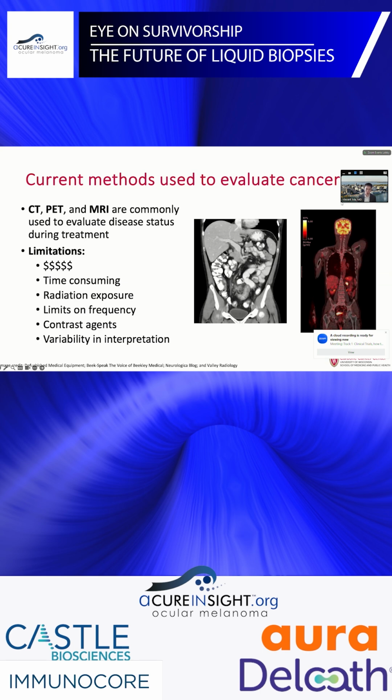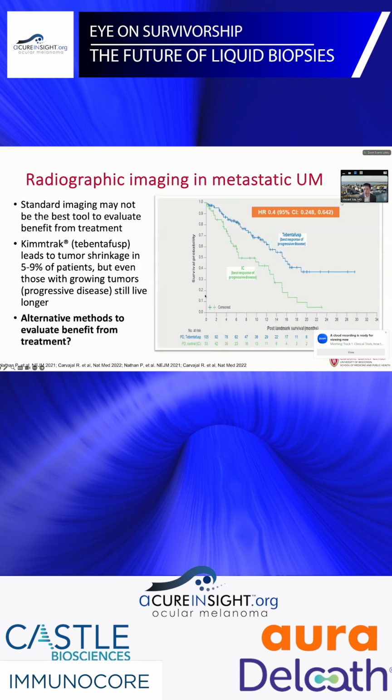Why is this particularly important in the context of uveal melanoma? There is some suggestion over the years that standard imaging or scans may not actually be the best tool to evaluate whether a metastatic uveal melanoma patient is benefiting from treatment.